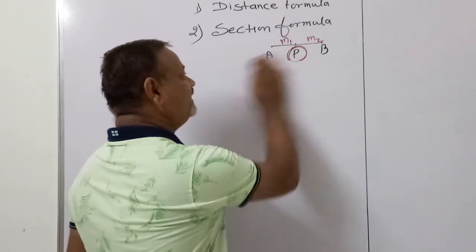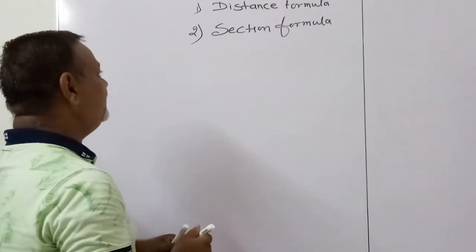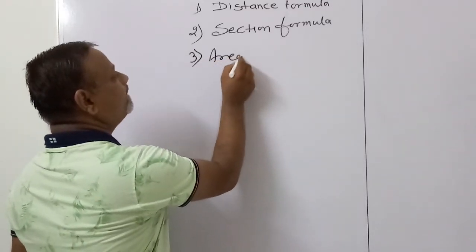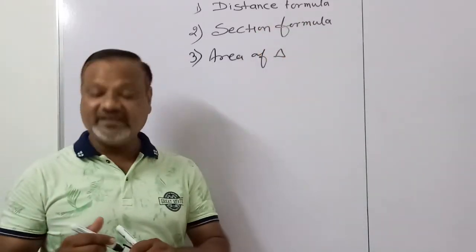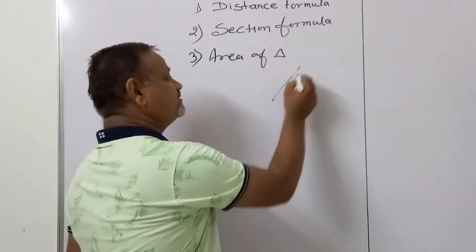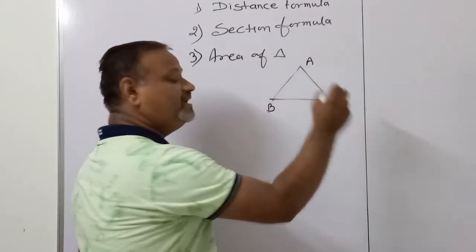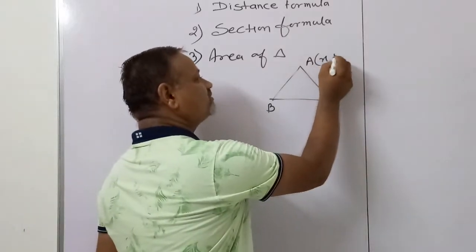Now the last topic of this lesson is area of triangle, meaning the triangle having 3 vertices. This is your triangle. It has 3 vertices, that is A, B and C. A has the coordinate x1, y1. Why?